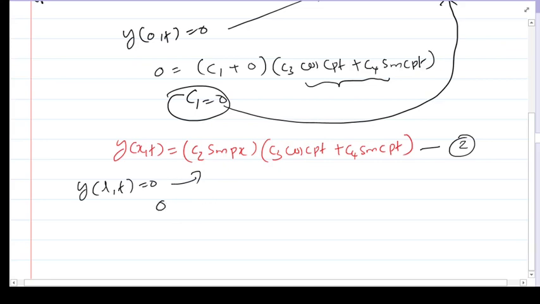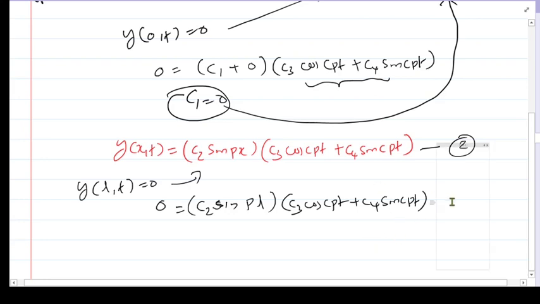What we get is 0 equal to, instead of x we put L, c2 sin pL into c3 cos cpt plus c4 sin cpt.